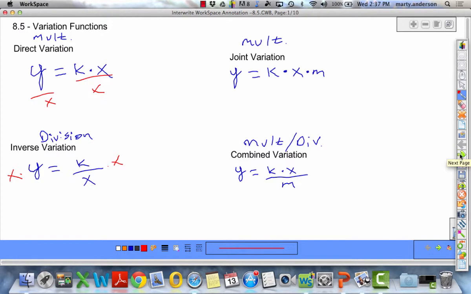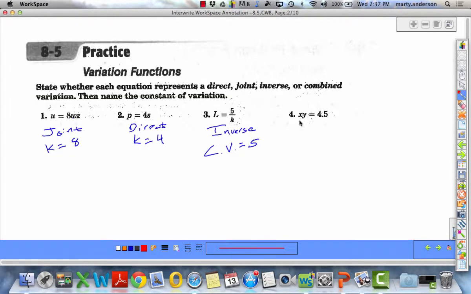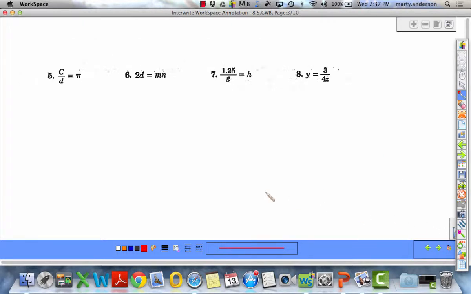So sometimes they disguise them, trying to trick you here a little bit. So if I divided by x and divided by x, this makes it a little easier to deal with. Y equals 4.5 over x. Now you can clearly see that it's inverse, and our constant of variation, or our value of k, which we usually use, is 4.5.